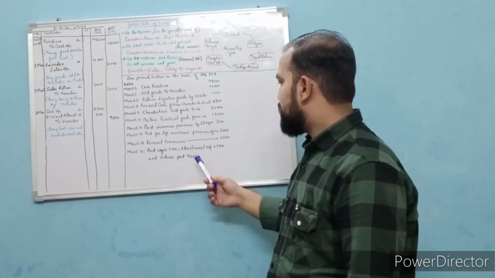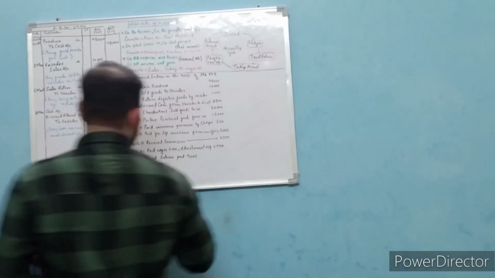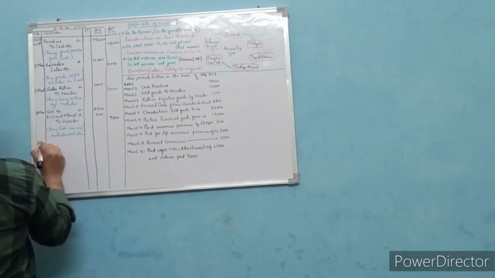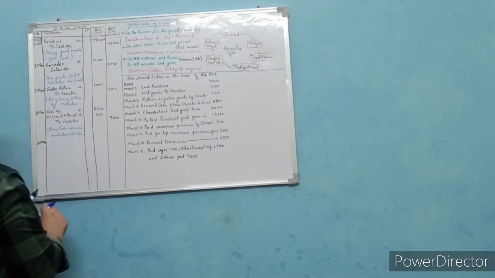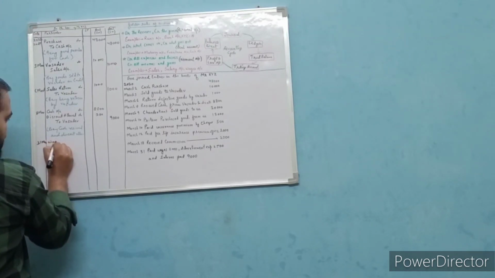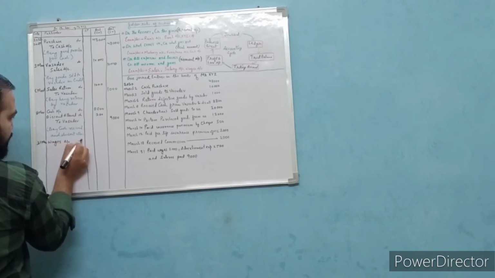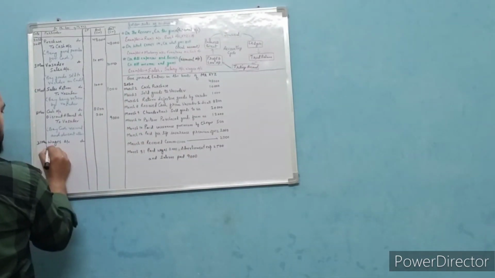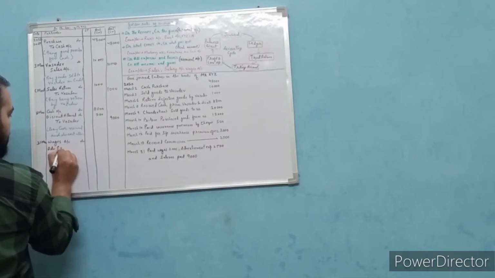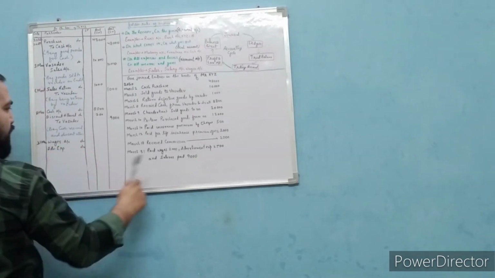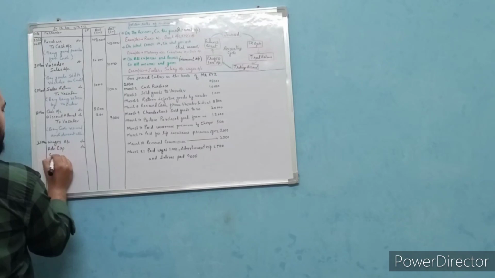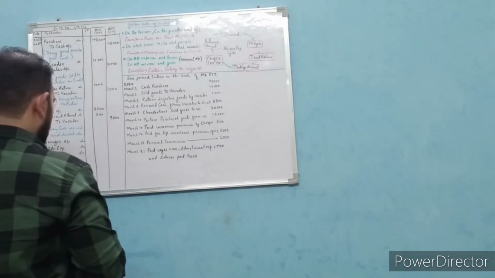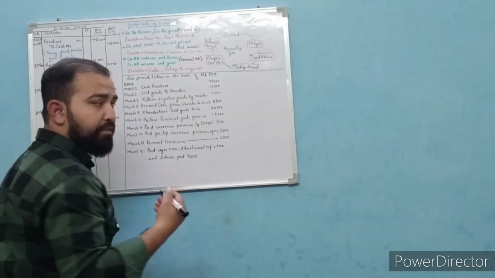So first the date, 31st March, and then we write wages account debit, because wages is an expense. Advertisement expense, debit, and then salary is an expense, so we write salaries on the debit side.